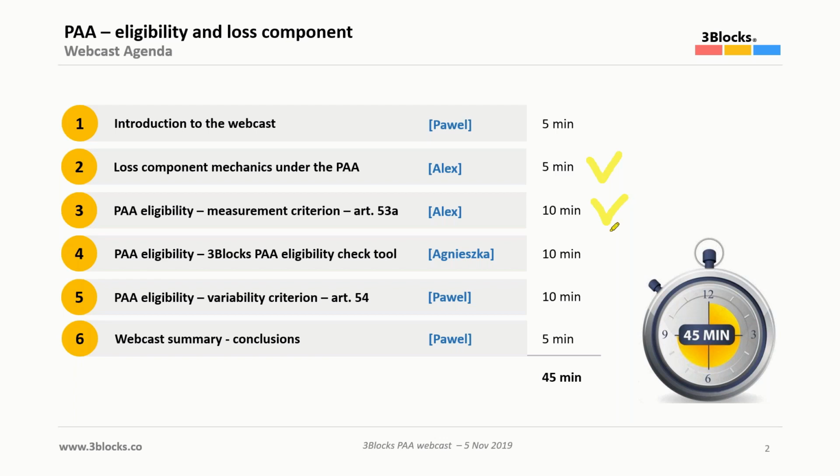It will be followed by Agnieszka, who will show the 3Blocks PAA eligibility tool that can be used to analyze how PAA measurement differs from general model measurement under realistic scenarios in a realistic setup. Then I will take a closer look at the variability criterion, which is one of the criteria that needs to be met when we want to apply the PAA. And we will conclude our webcast by reiterating key conclusions.